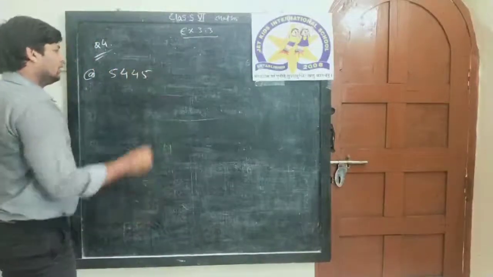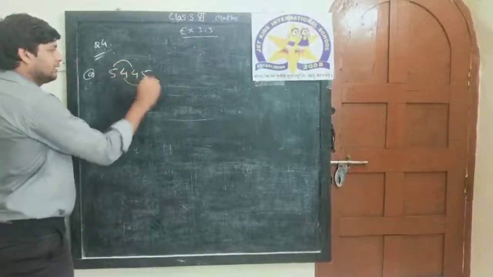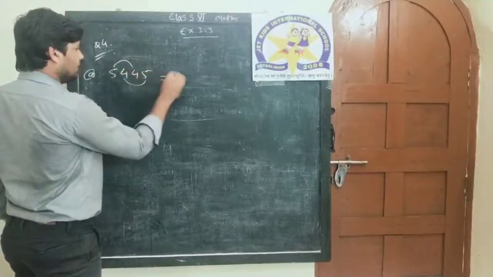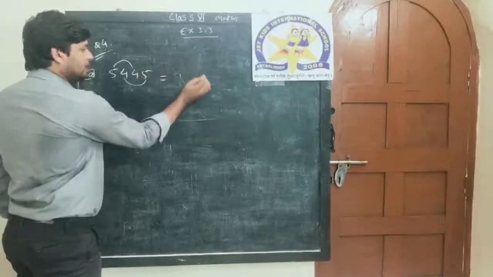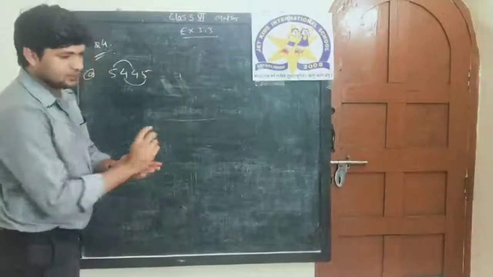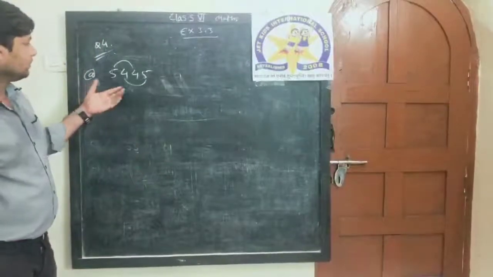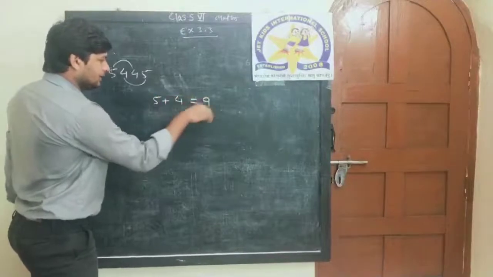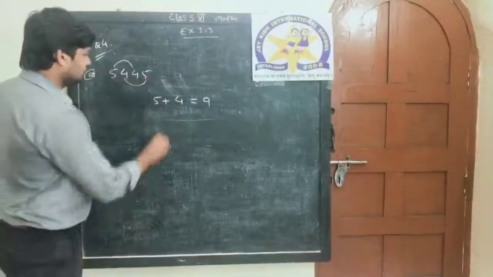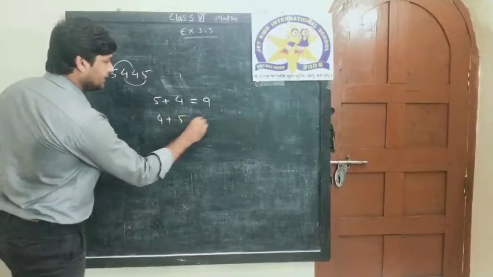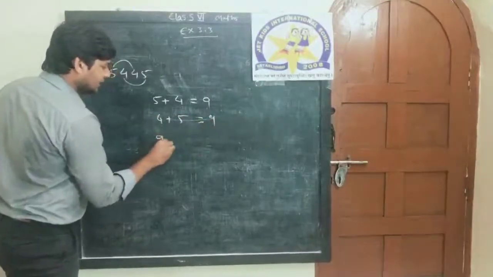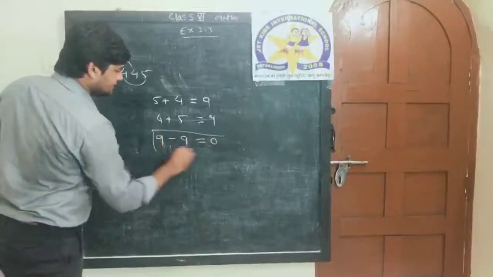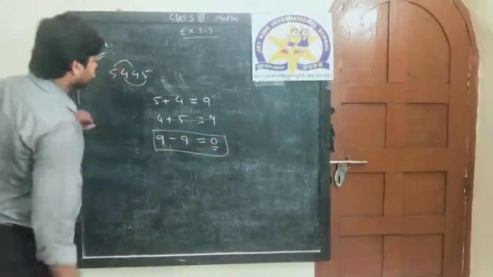Okay, alternate digits I am taking. 5 plus 4, 9. Then I am taking 4 plus 5, then again 9. Then I am taking the difference. 9 minus 9 is 0. So if it is 0, 0 is divisible by 11.